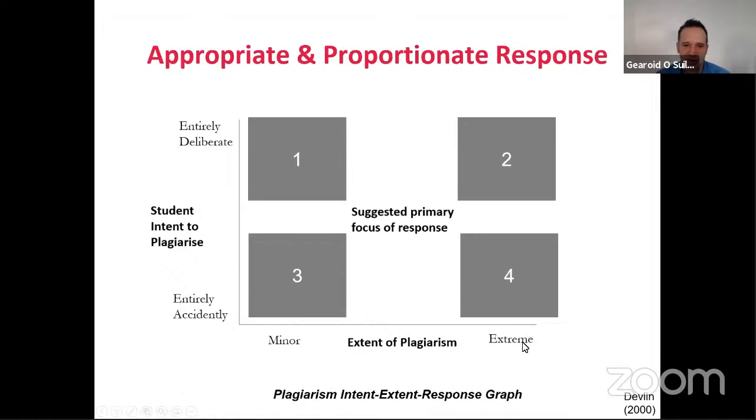So, we could talk about plagiarism being very extreme in its extent, so an entire something has been submitted as somebody's own work when it wasn't. And then we could talk about that being entirely deliberate.